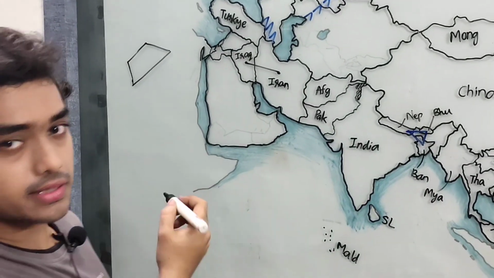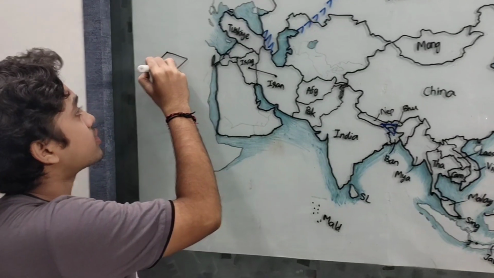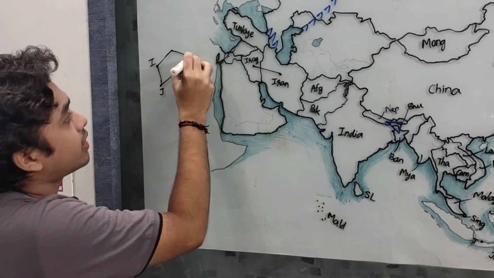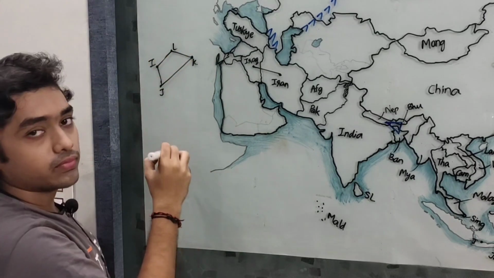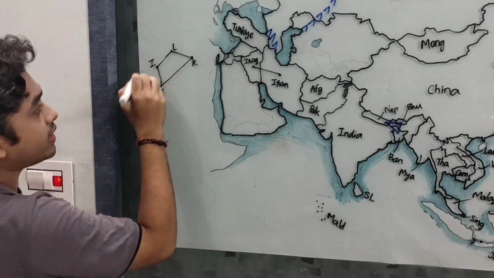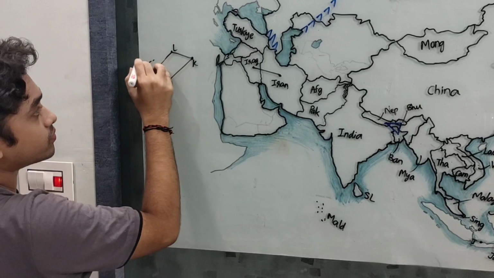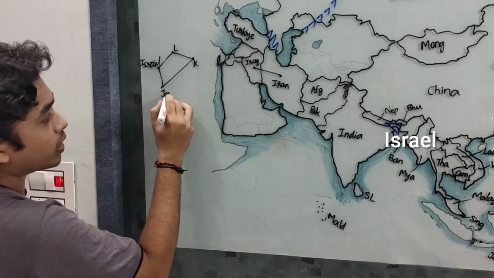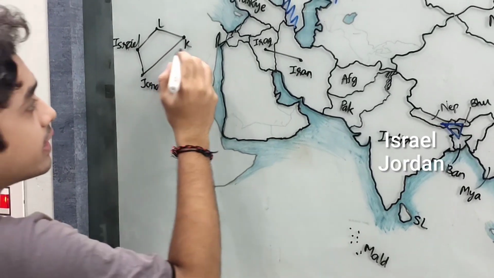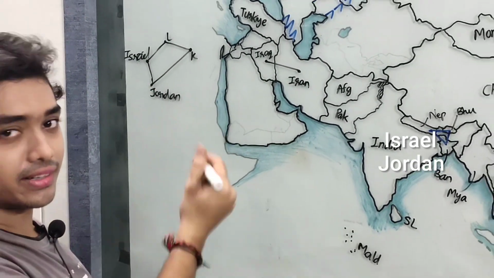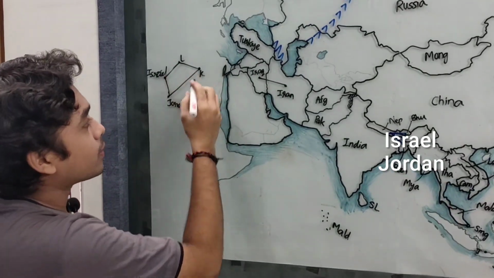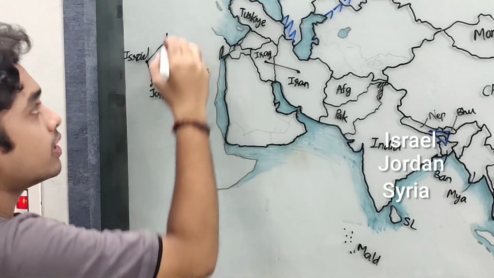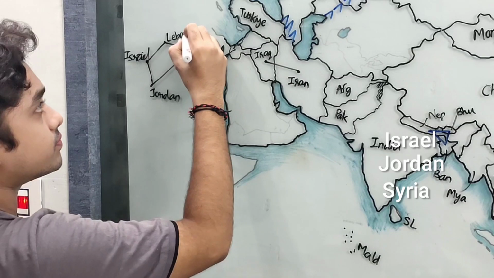The vertices of this quadrilateral are I, J, K and L. I for Israel, J is for Jordan. K, we use just as a trick to remember IJKL, but it's actually S for Syria. And then L for Lebanon.